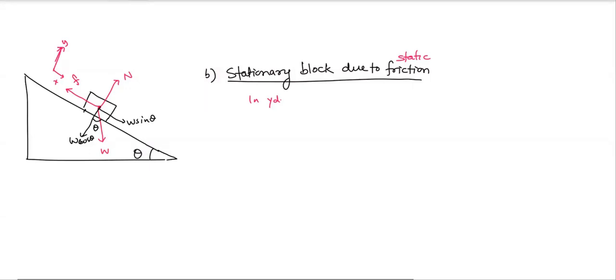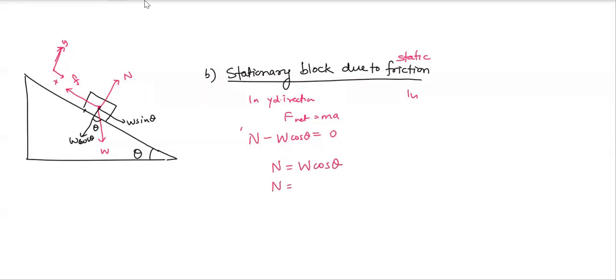In the y direction, if I use net force equal to ma, since acceleration is 0, the other forces are balancing out each other. So n and w cos theta are balanced, so n is equal to w cos theta. So n will be equal to mg cos theta. Let this be an equation.